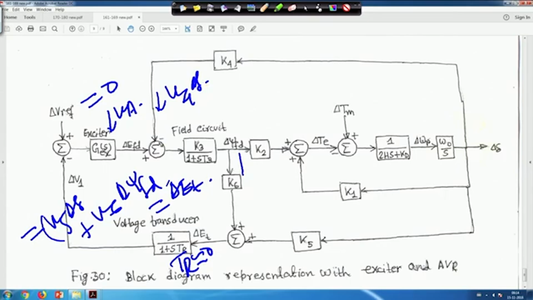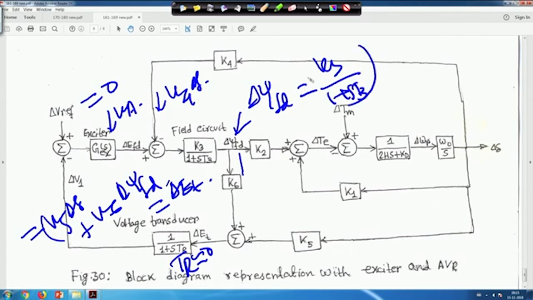So, it will be minus k a into k 5 delta delta plus k 6 delta psi f d, bracket close, then again minus k 4 delta delta, into k 3 upon 1 plus S T 3, is equal to delta psi f d. So, if you look into that, delta psi f d for this case, how will it look like? It will be k 3 upon 1 plus S T 3 times this term, right.